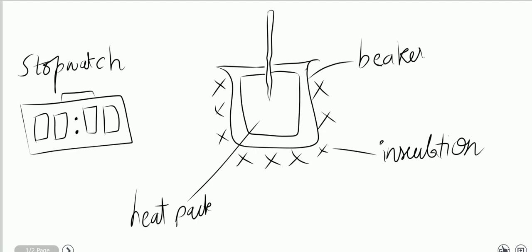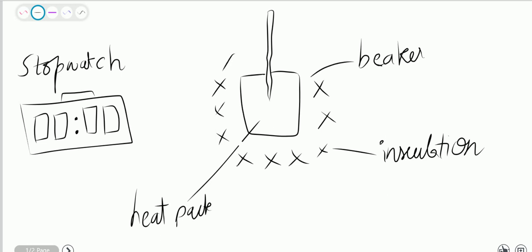I don't think you can apply pressure if you have a glass beaker, so I'm going to remove this glass beaker. I'm too lazy to redraw the crosses for indicating insulation all over again, so you can just make them closer.